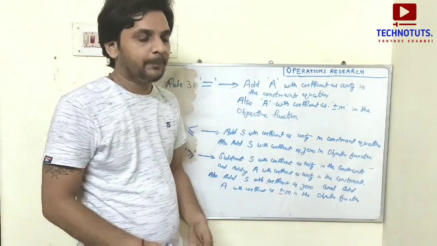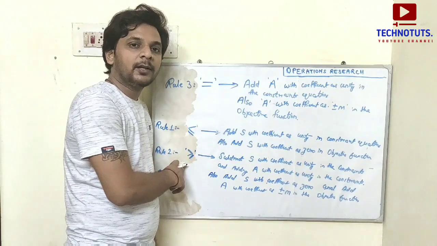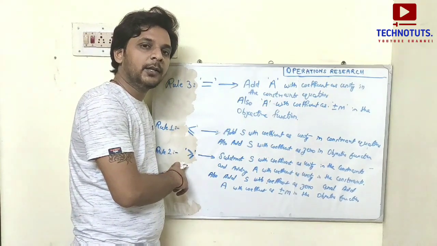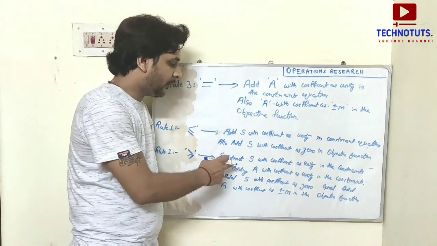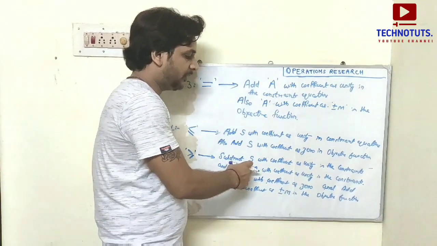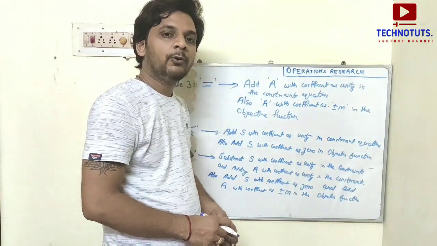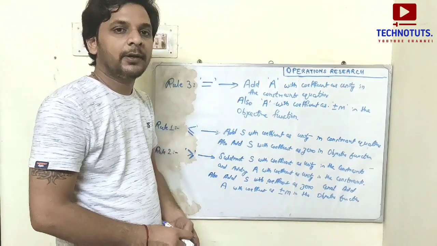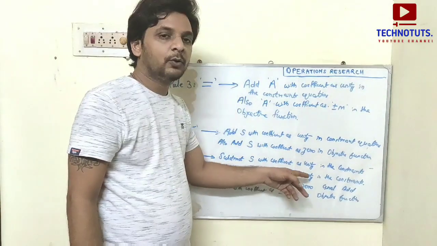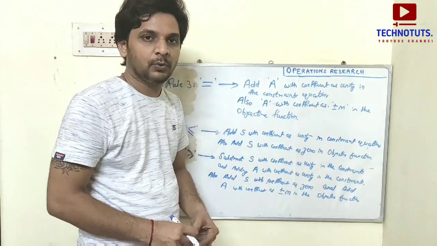Okay. Now rule number 2 says that wherever the greater than or equal to sign appears in any linear programming problem, you have to subtract the slack variable s with its coefficient as unity in the constraint equation, and you have to also add an artificial variable a with its coefficient as unity in the same constraint equation.